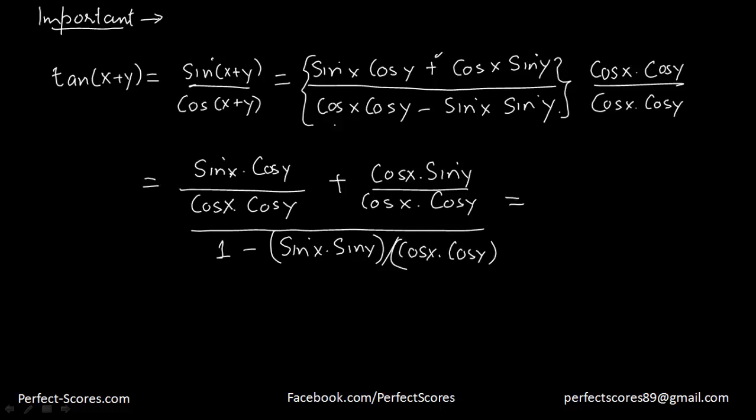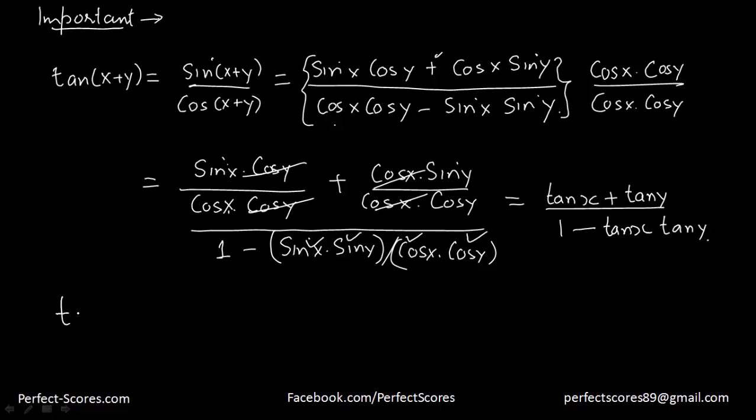If you open this up again, sin x over cos x is tangent of x, plus sin y over cos y is tangent of y, divided by 1 minus sin x over cos x, which is tangent x, and sin y over cos y, which is tangent of y.